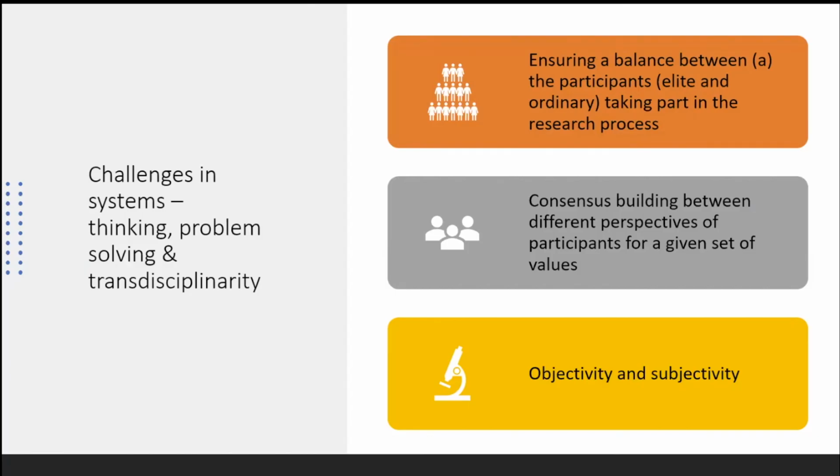You might have a good view of what common people want, but not a good view of what experts say, whether there is a solution to what these common people have. Therefore, we need to ensure a balance between the participants taking part in the research process.